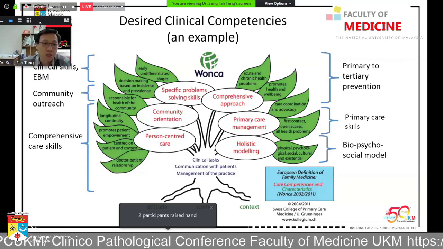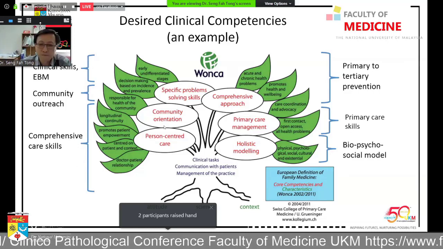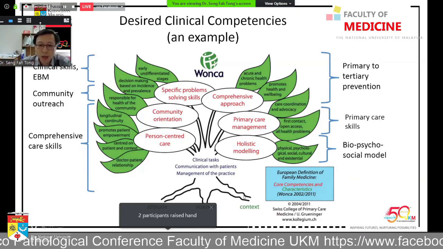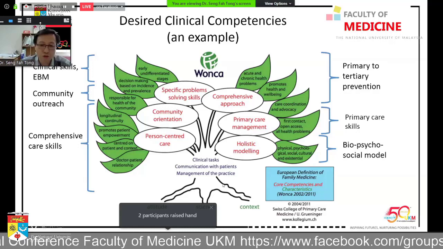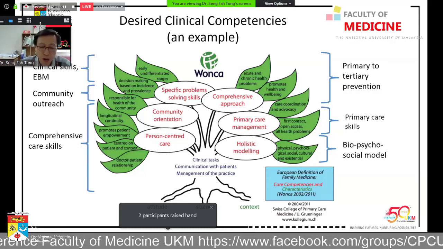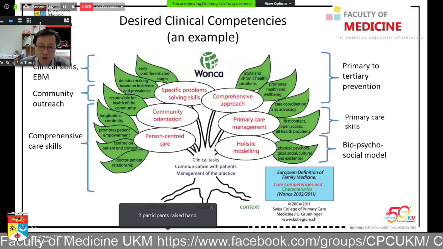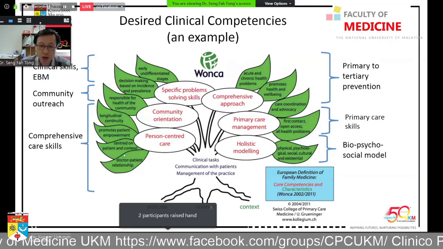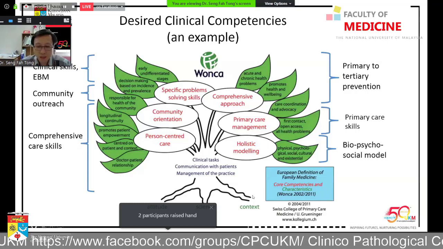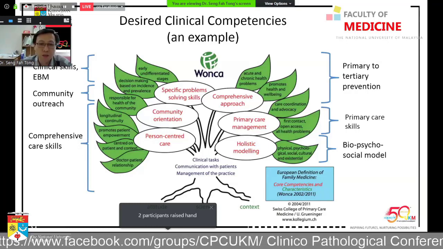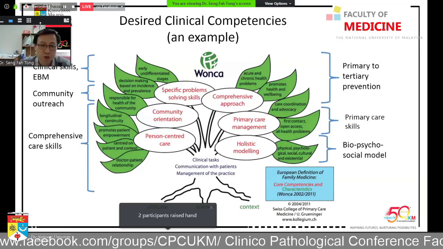On top, you can see these are the clinical competencies in different ways. And of course, there are the generic skills like attitude: what attitude we should put up in front of patients as a family physician, how we use science knowledge, and how we can practice in a context-specific area. This is something we need to go back to before we start to have competent clinical supervision.